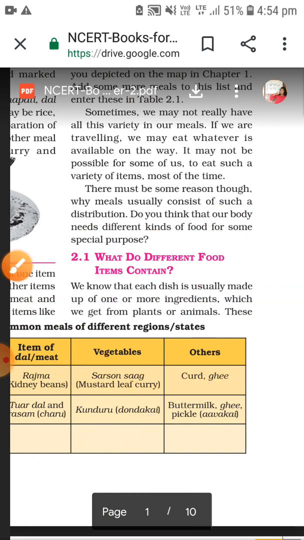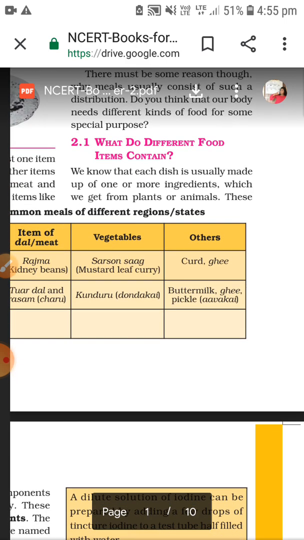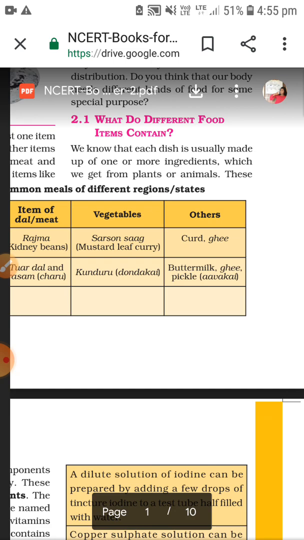So the component of food is also called nutrient, and in this we have carbohydrate, vitamin, mineral, fat, and other. Okay, we know that each dish is usually made up of one or more ingredients.